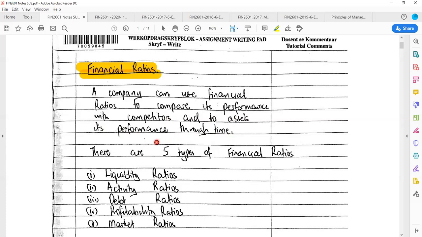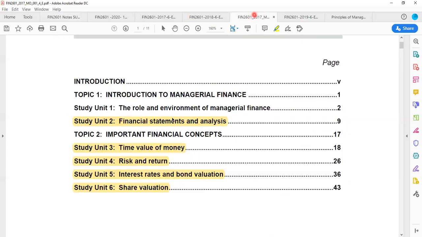So a company might want to compare how it's performing with regards to profitability and other factors. They might want to compare their performance with competitors, or they might want to see how they've been performing through time.